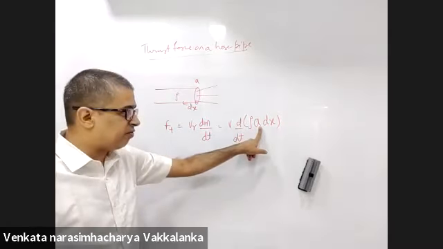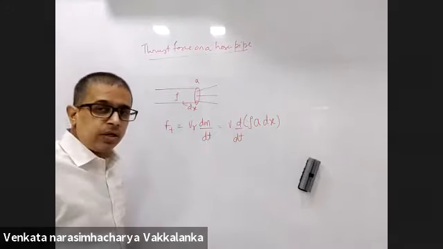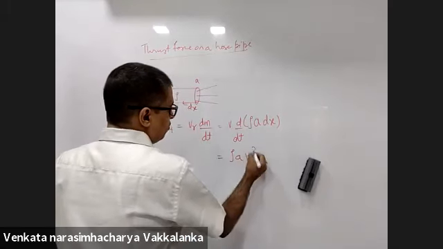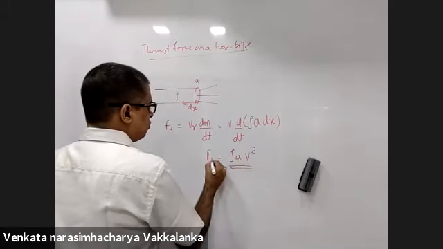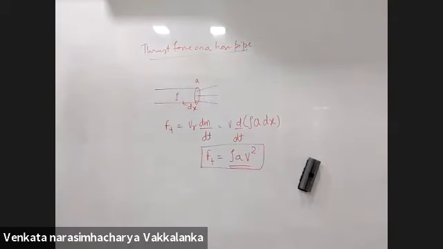Density into area of cross section into the length, I will get the volume, into density is dm. This will be rho A v square. Thrust force exerted by a streamlined flow of liquid.